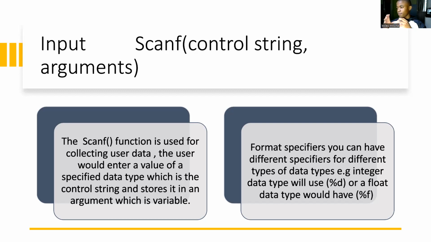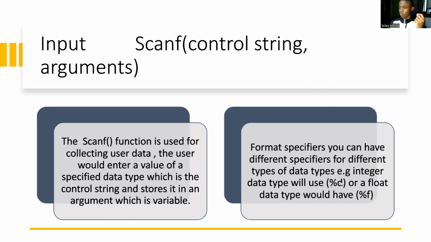You can have different specifiers for different data types, e.g. the integer data type will be basically a percentage sign D. That's an integer data type. That's the code that you're going to write in your control string when you code it.